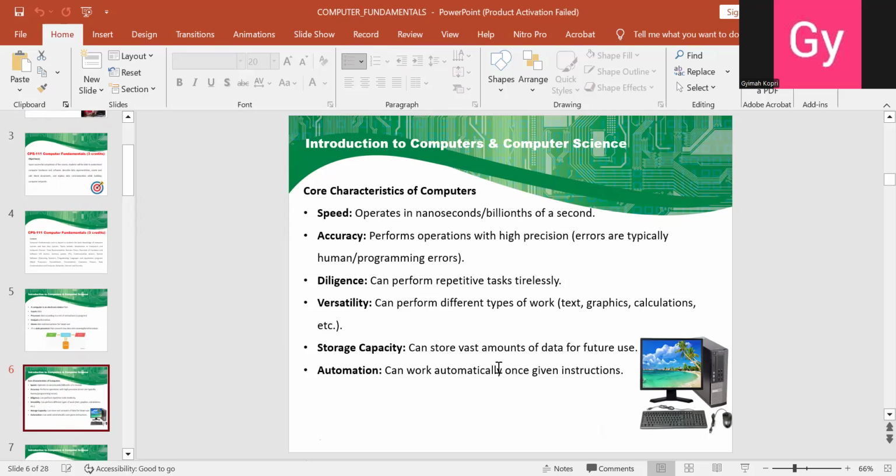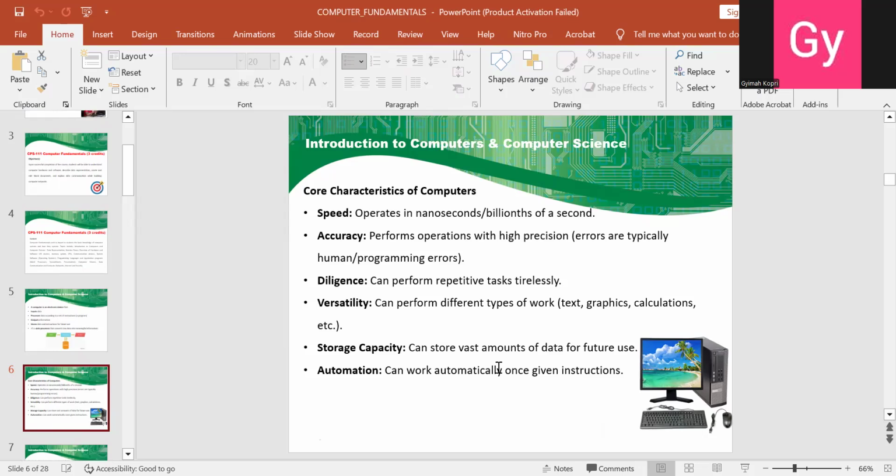But if it is a computer that did that drawing, the computer can repeat it billions of times without any difference, and the speed at which it will do it is higher than what humans will do. Yes, so that is why we say it is diligent.